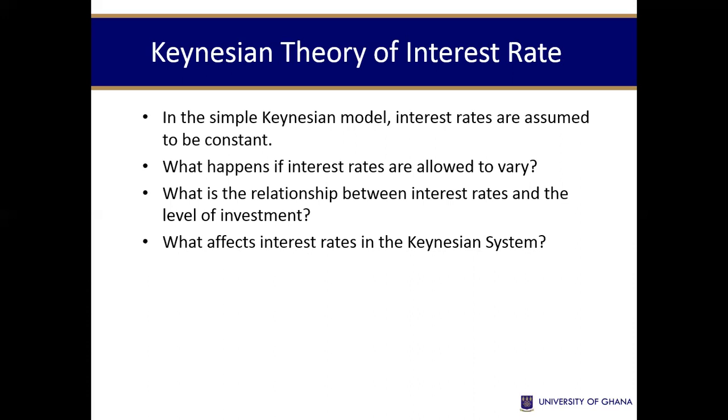But one thing that we need to know is how do we even get our interest rate in the Keynesian system? How is interest rate determined? It is determined in the money market through the interaction of the demand for money and then the supply of money.